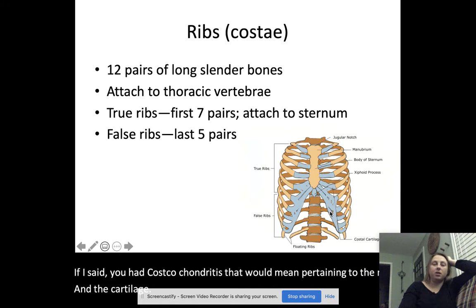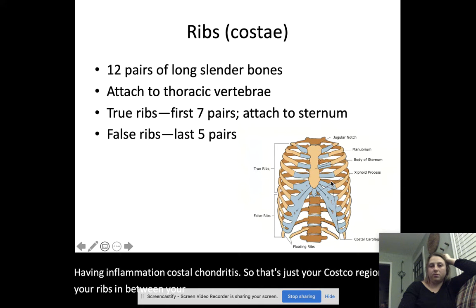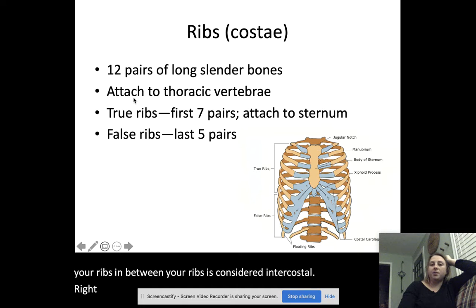So your costal region is your ribs. In between your ribs is considered intercostal, right? In between, inter. All right.